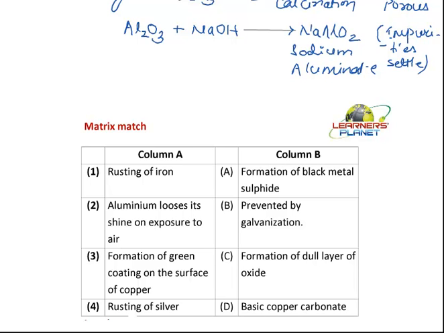After filtration, this is kept for settling, right? A few crystals of aluminum hydroxide are added so that it gets precipitated as aluminum hydroxide. That is then heated and we get alumina, again Al2O3, without impurities. So this is leaching, also called chemical separation.